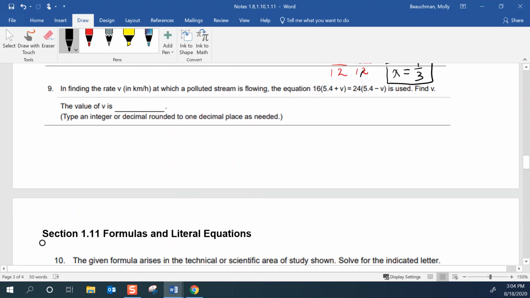We have find the rate v in kilometers per hour at which a polluted stream is flowing. This is our equation. Find v. So this one is a little bit more complicated, only because we've got decimals, but the problem solving steps are the same.